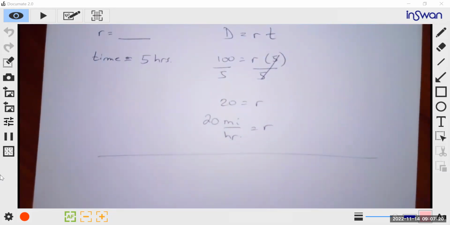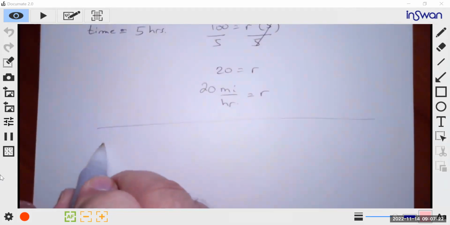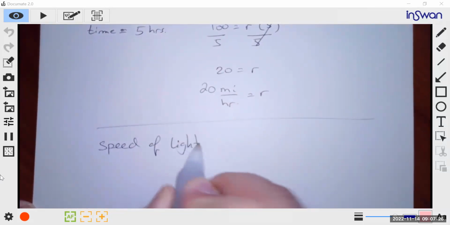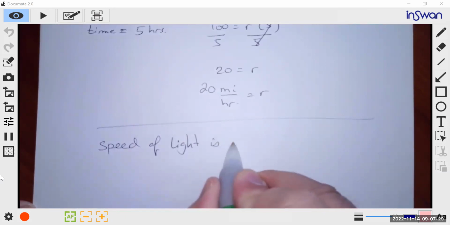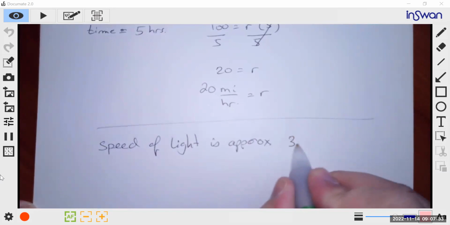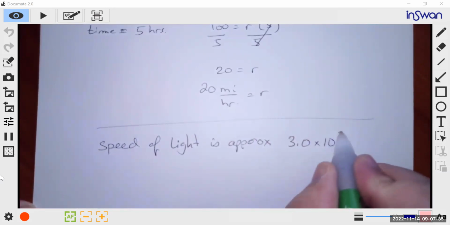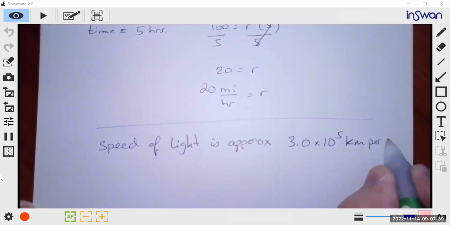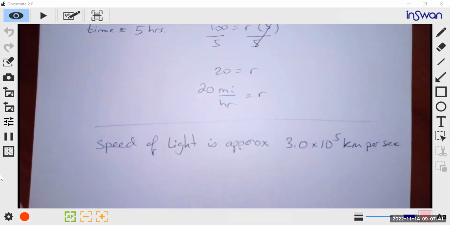So far, so good. Let's look at these. Speed of light is approximately 3.0 times 10 to the 5th kilometers per second.